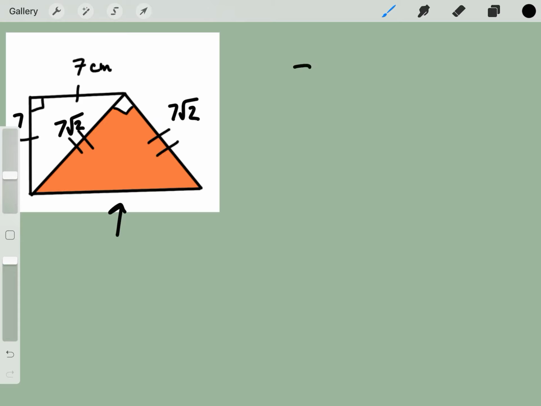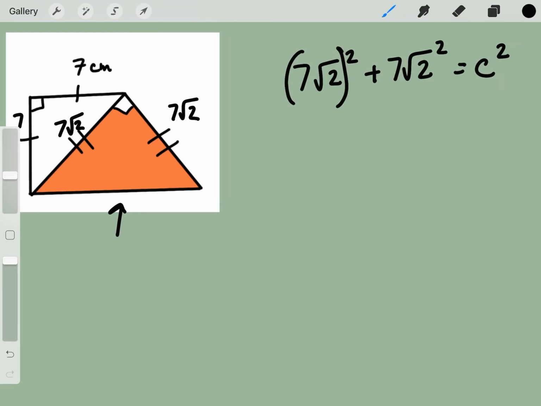All right, so let's see how we would find that. 7 radical 2 squared, a squared plus, I'm using the Pythagorean theorem, plus 7 radical 2 squared equals c squared. Now, you guys have probably not done any of this squaring of radicals like this. When this happens, you are squaring both the number in the front and the number in the radical.